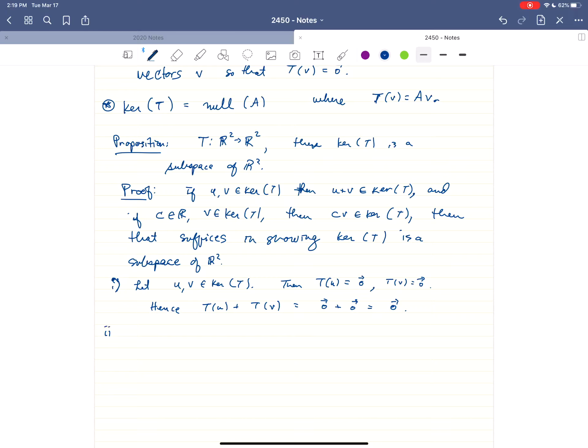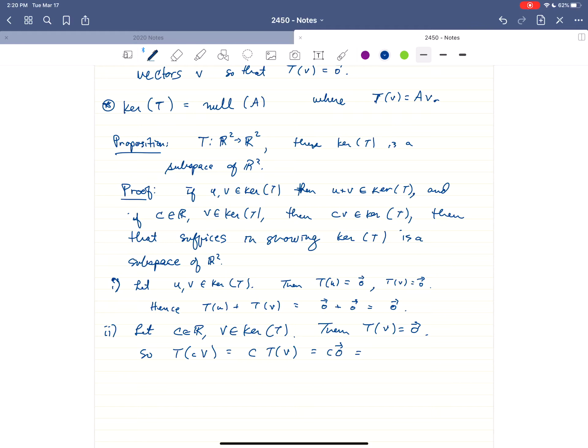The second criterion is let C be a real number, V a vector in the kernel of T, and then, of course, since it's in the kernel, that means that T of V is 0, and therefore T of CV is going to be C times T of V by homogeneity of the linear operator. T of V is 0.